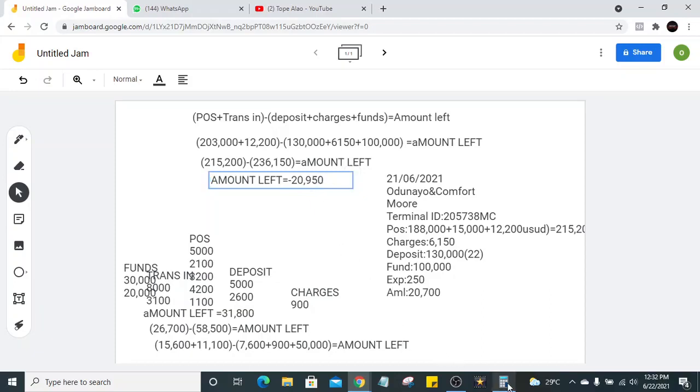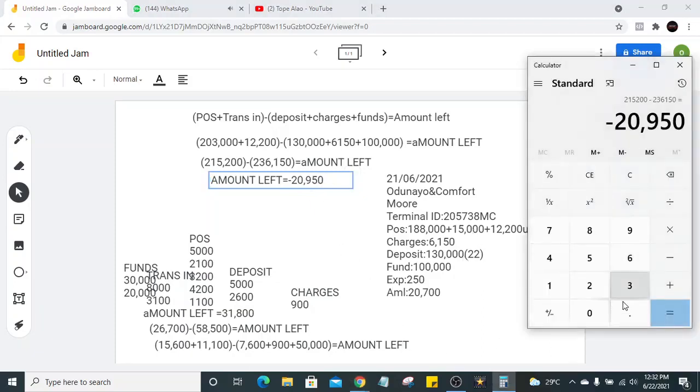That will be 20,950 minus the expenses of 250, which equals 20,700.